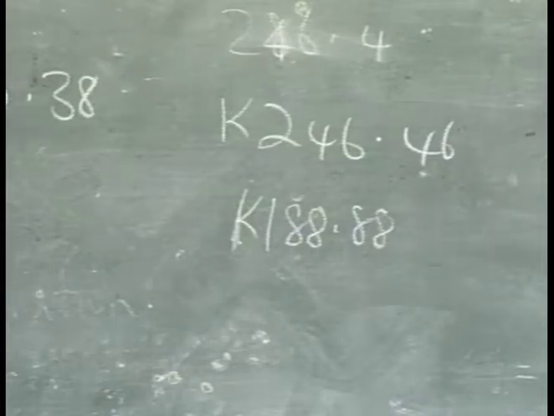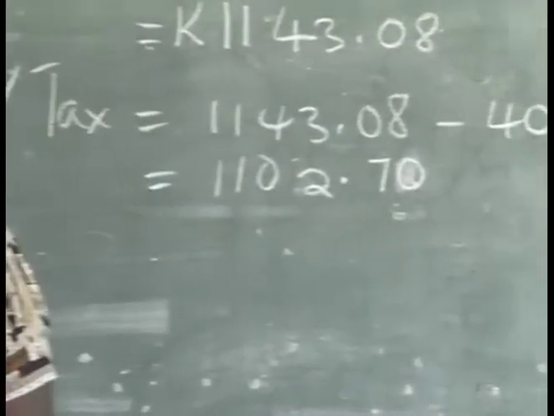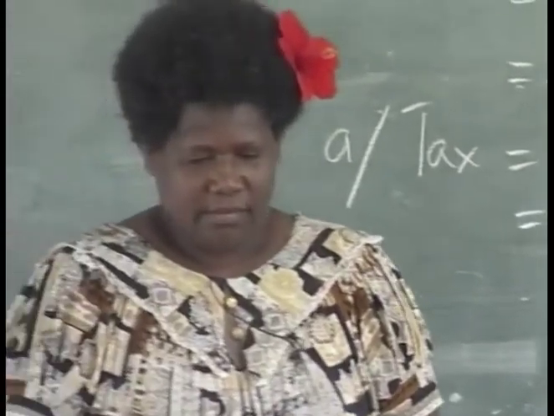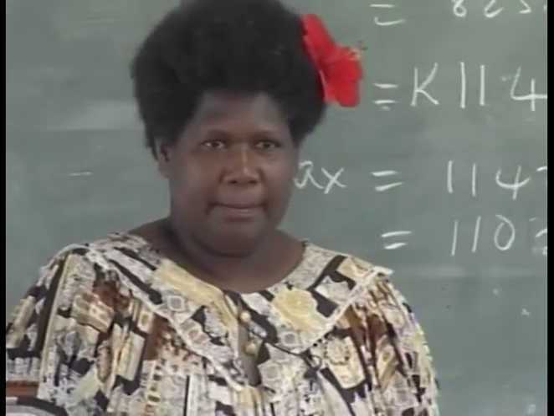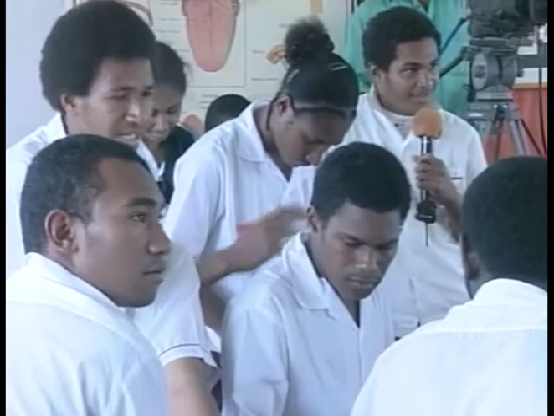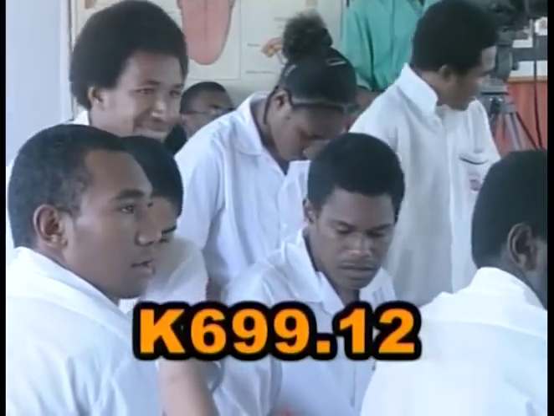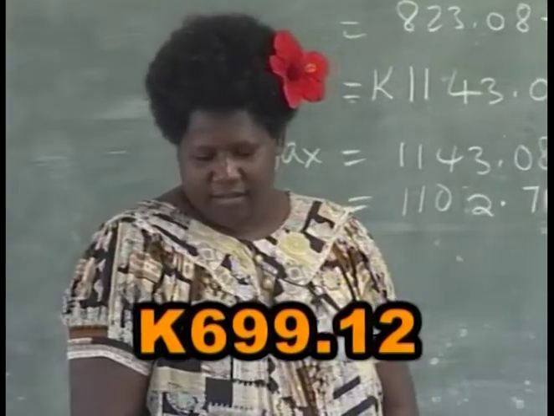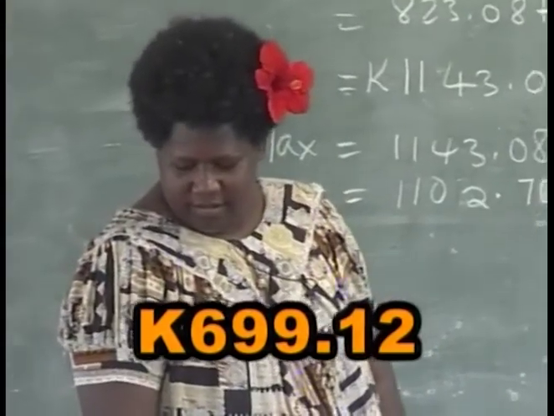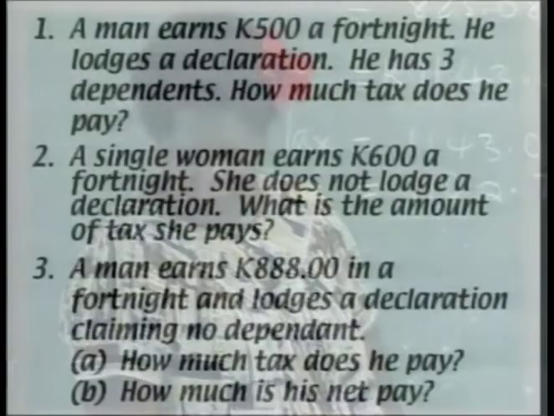Group 4, Daniel? 699 kina 12 toya. Yes? You just have to subtract the tax from the salary.